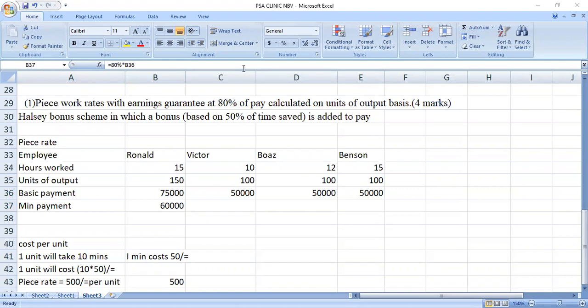Which amount? You don't convert anything because this is what happens. For now, we don't need hours. The reason is clear: for basic payment, I mean piece rate, we pay based on the units produced. So if this is your output, that you have 150, you have 100, like that, and we're saying how much are we paying for each unit.